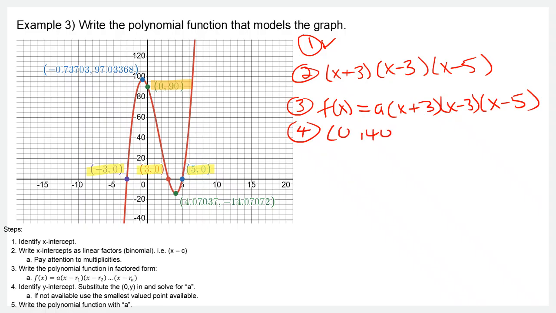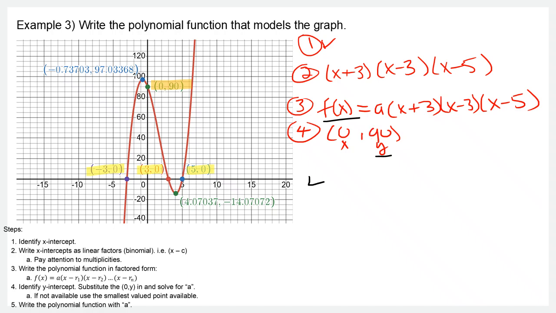All right. Next, this is the part where the math comes in. You're going to write the polynomial function after we solve for our a. So we're going to solve for a. We're going to plug in 0 for x, and 90 for y. When we're solving, your f of x is your y. Oh, not 40, it's a 90. In this case, my 9 looked like a 4.